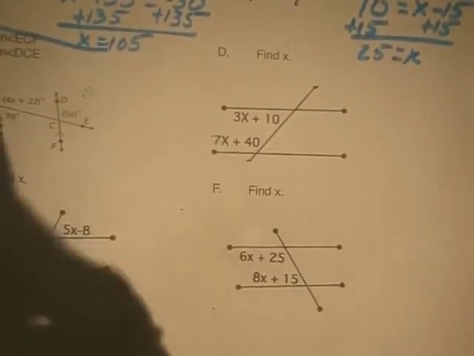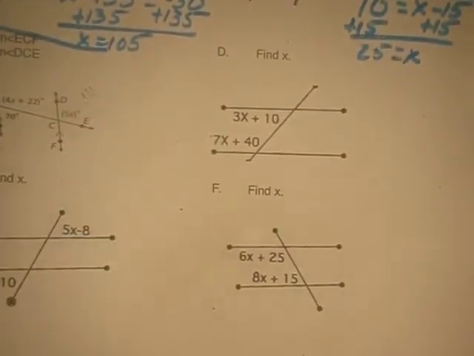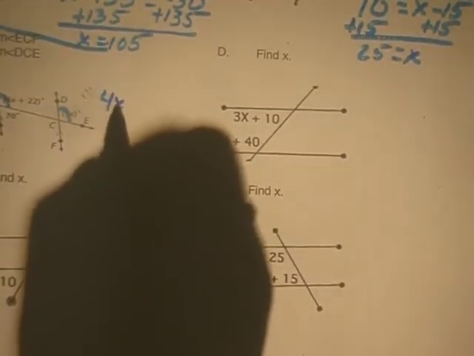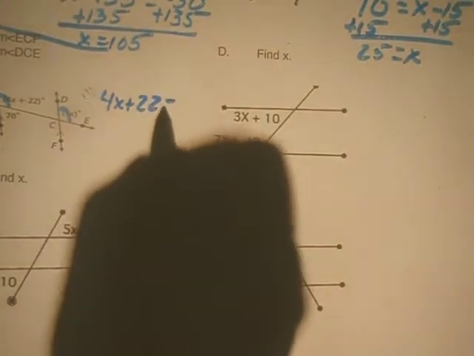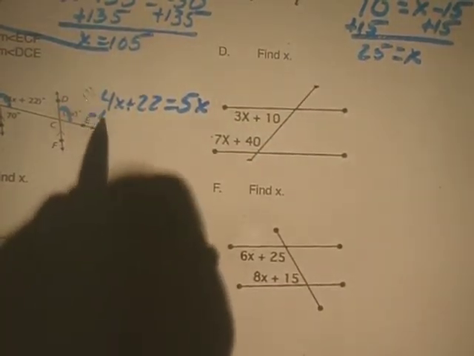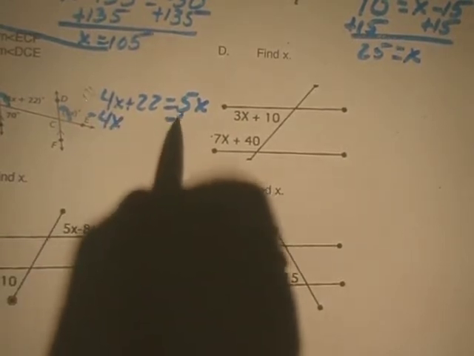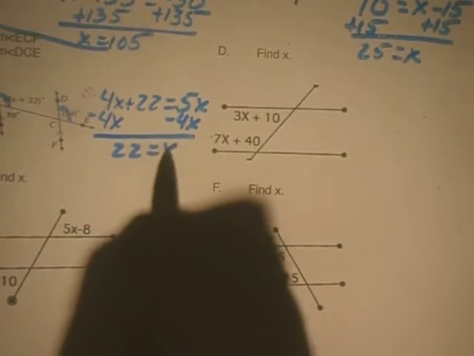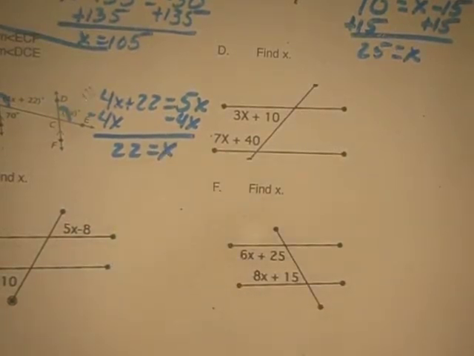Example 3, we have parallel lines, and our corresponding angles are congruent. So we have 4x plus 22 equals 5x. You subtract 4x from both sides, and you have x equals 22.